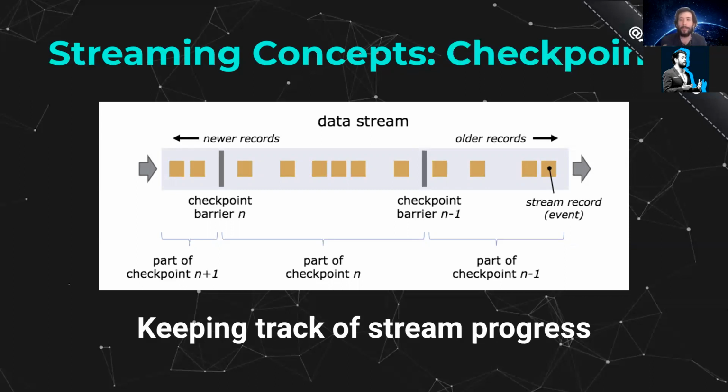Because ultimately, when it comes to commitments that you can get when it comes to stream processing, you can have things like at most once delivery, at least once delivery, and exactly once delivery.